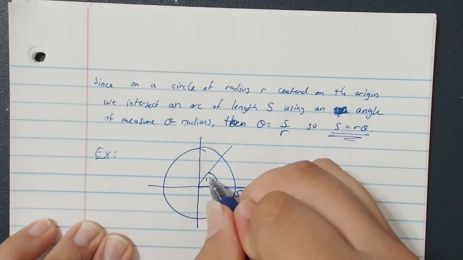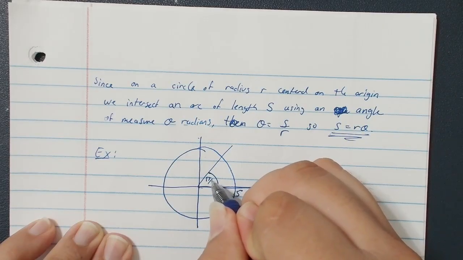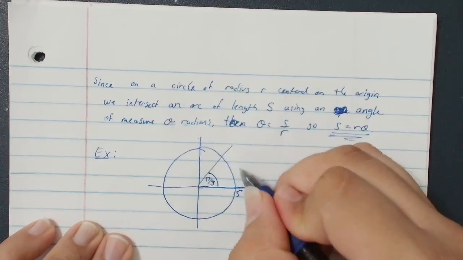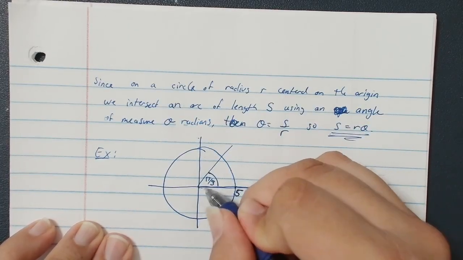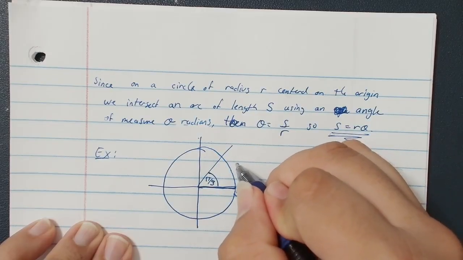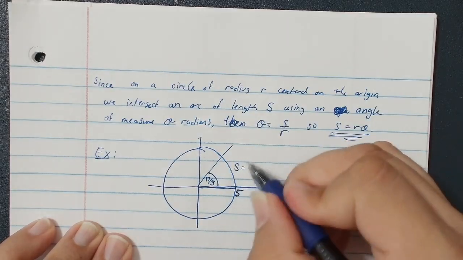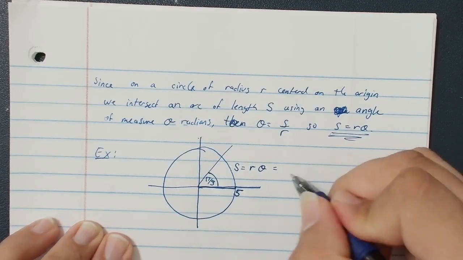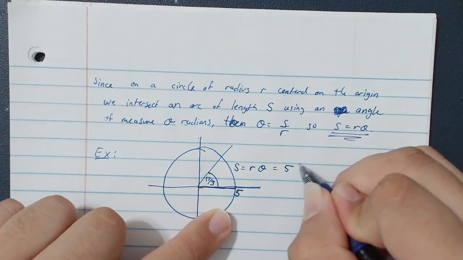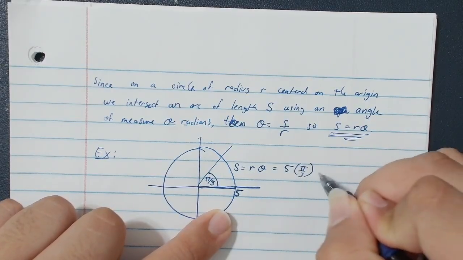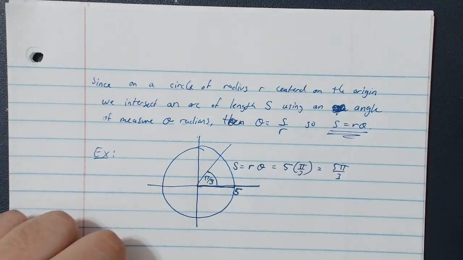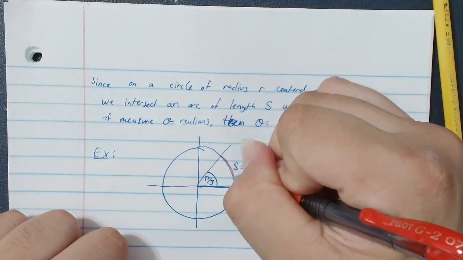So here, let's say this is pi over 3 radians. Then the arc length here, so this is the number 5, that's the radius of our circle. The arc length s is nothing more than the radius of the circle times the angle in radians. So that's going to be 5 times pi thirds, and this is 5 pi thirds. That's the length of this arc.